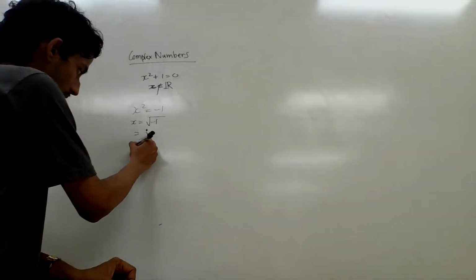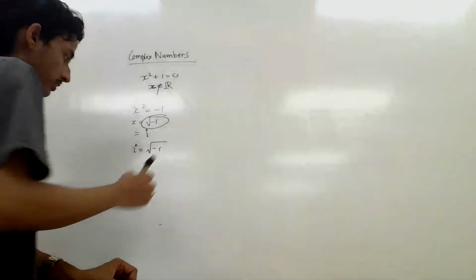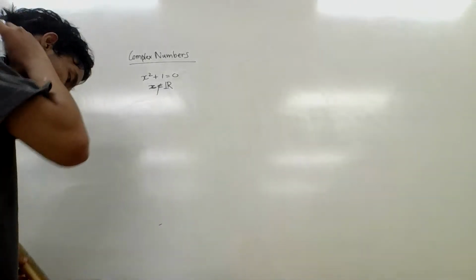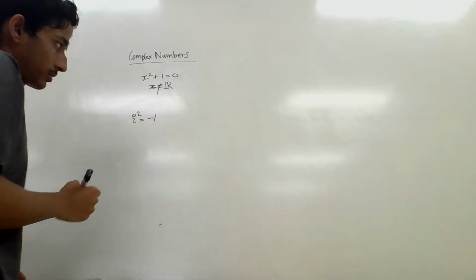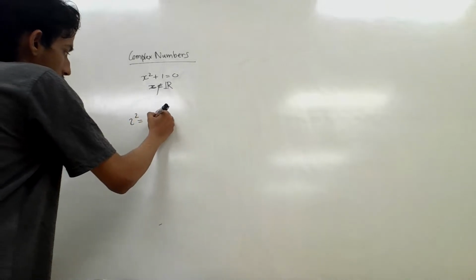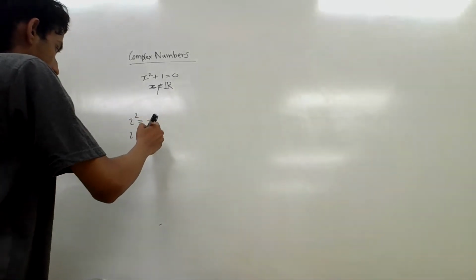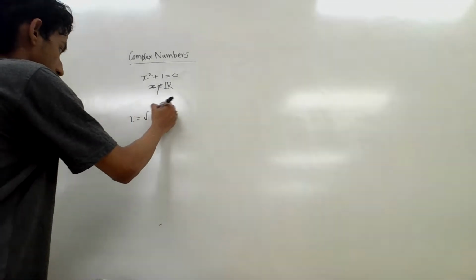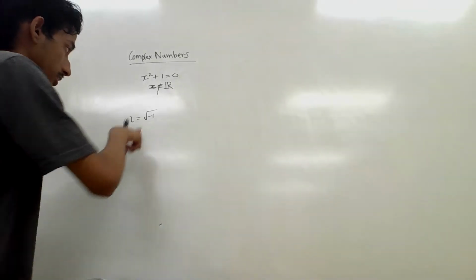The definition of i is the square root of negative 1. Or you can say the definition of iota is i squared equals minus 1. You can rather use this as your definition. So iota is the square root of minus 1.